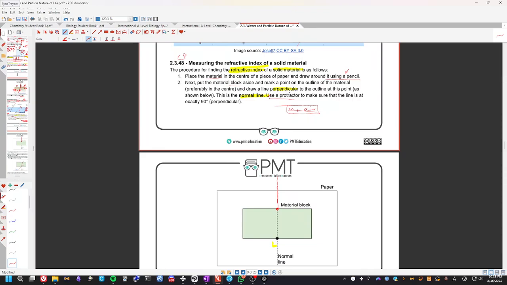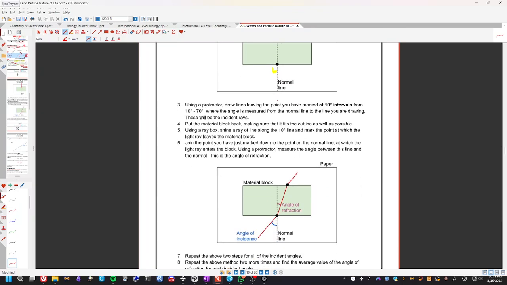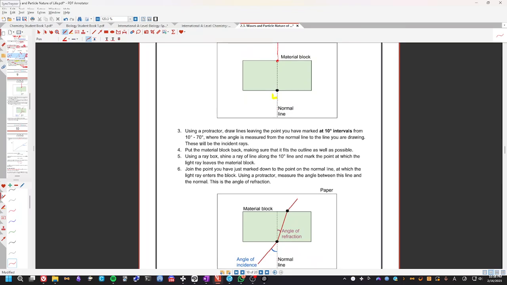So your first step is drawing the basic outline. Second step is drawing the normal using a protractor. Then the third step is, while using a protractor, to draw lines leaving the point that you have marked at 10-degree intervals from 10 to 70, where the angle is measured from the normal line to the line that you are drawing.